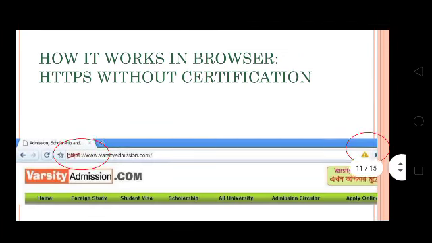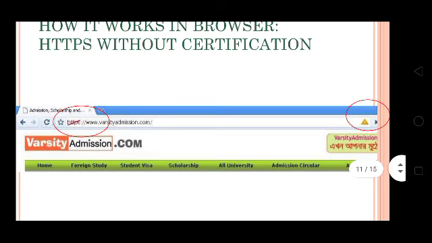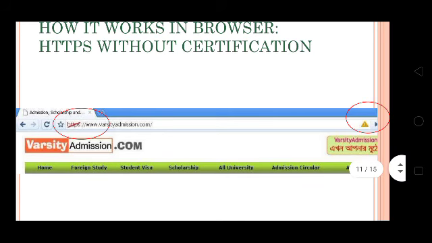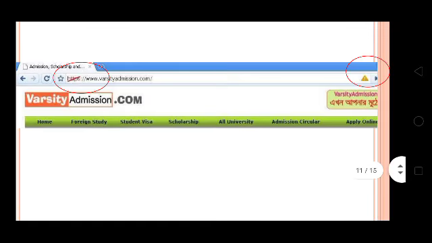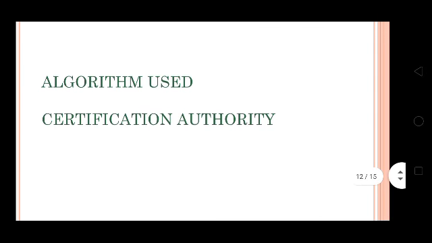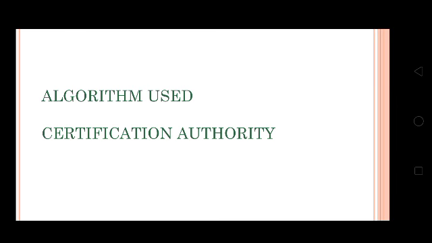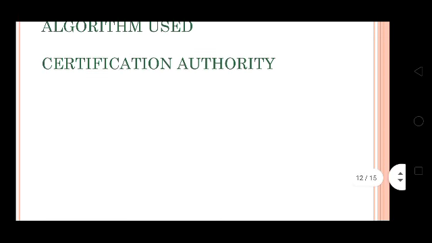So HTTPS certification means every owner of a website must take an SSL certification from authorized companies, or companies the government has assigned which provide the SSL certificates. We'll see later on which are those authorities.